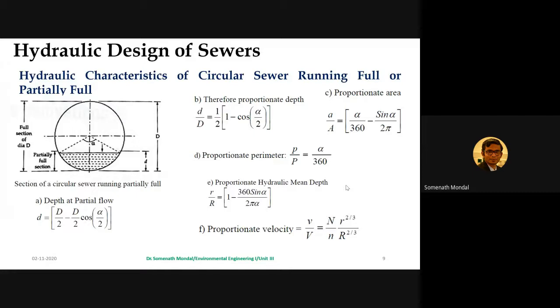Fine. So that is the influence of flow variation on velocity, and therefore it is necessary to check the sewer for a minimum velocity of about 0.45 meter per second at the time of minimum flow.